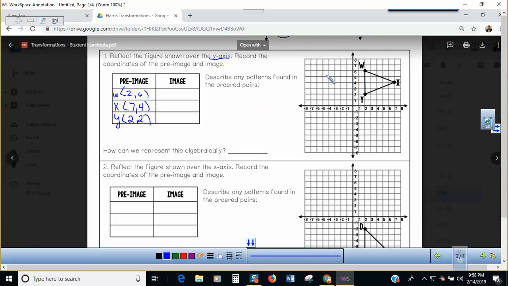All right, so when we flip this triangle across the y-axis, all of my points will be an equal distance from the y-axis as they are from the original triangle. So point W prime, as you can see, it's 2 units away from the y-axis. So on the other side of the y-axis, it should be 2 units away. The X point, I can see, is 7 units away from the y-axis.